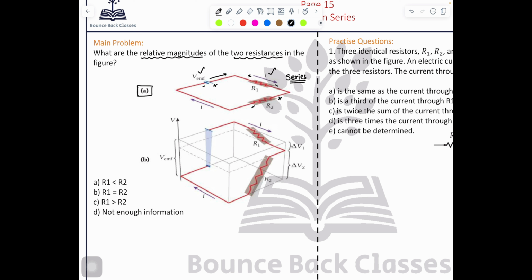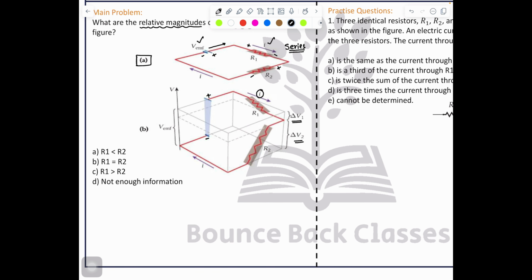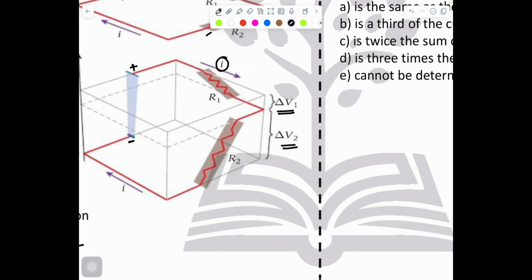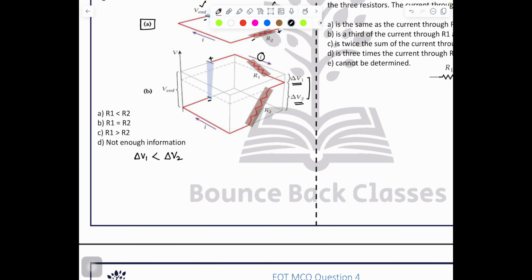Fine. Now, second thing, what they are trying to show us: this is your positive terminal, this is your negative terminal. Current remains the same. This is your V1, this is your V2. They are trying to show us that delta V1 is less than delta V2. Yes or no? From here, you can easily identify that delta V2 is the bigger one. So can I say, as per Ohm's law, V is equal to I times R?